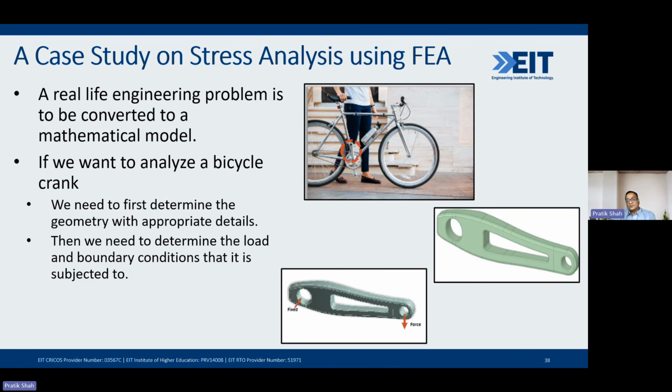Even the loads can be of many types. It can be tension, it can be torsional, it can be a compressive load, there can be a fatigue load, etc. But over here, the load is applied over here basically, and this particular portion is fixed to the crank. So this is how I bring out the mathematical model out of it.